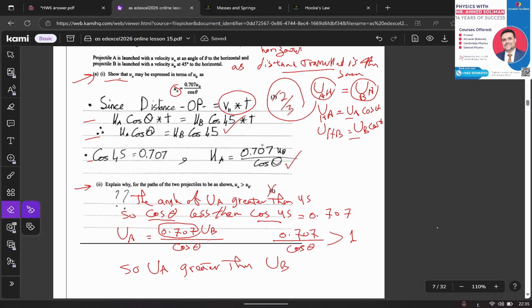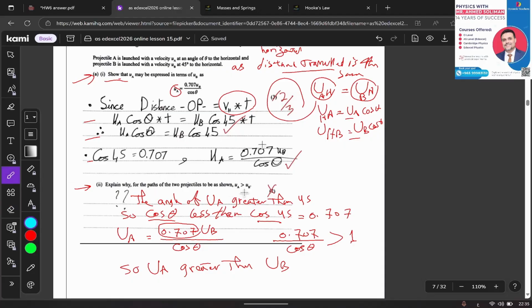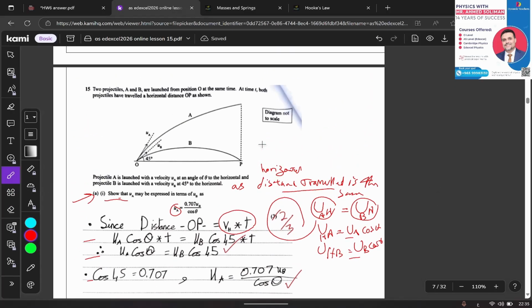Not really. Okay. So again, Mirola, it says explain why for the path of the two projectiles to be as shown, UA is greater than UB. Why is the initial velocity of the projectile greater when the angle is greater? This angle is 45 for UB. What about the angle of UA, greater than 45?